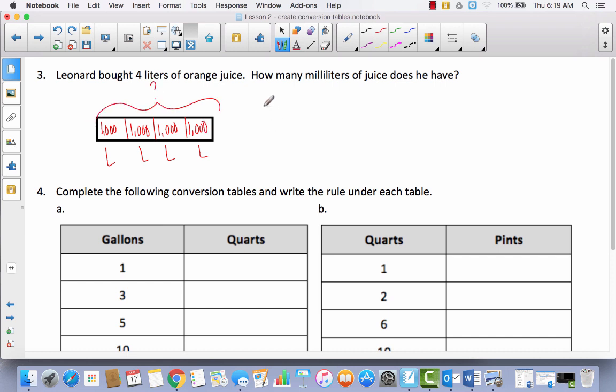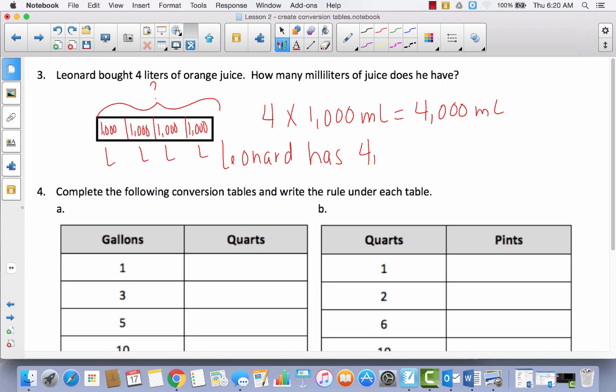So that would be 4 times 1,000 milliliters equals 4,000 milliliters. So Leonard has 4,000 milliliters of juice.